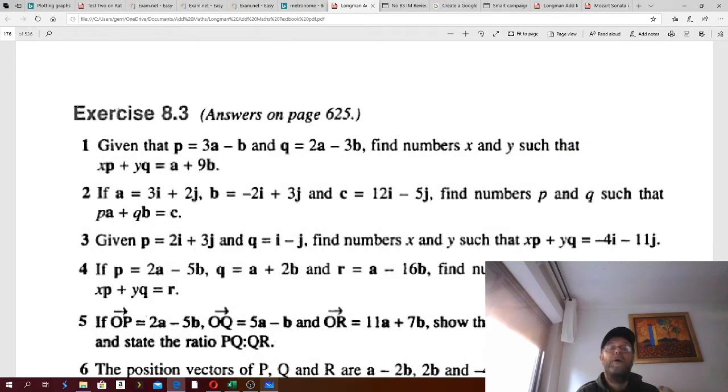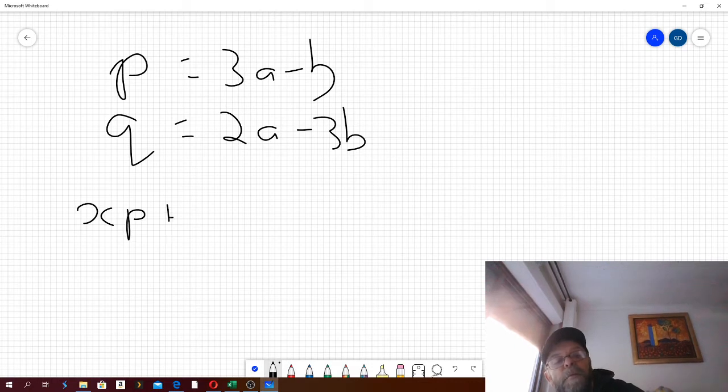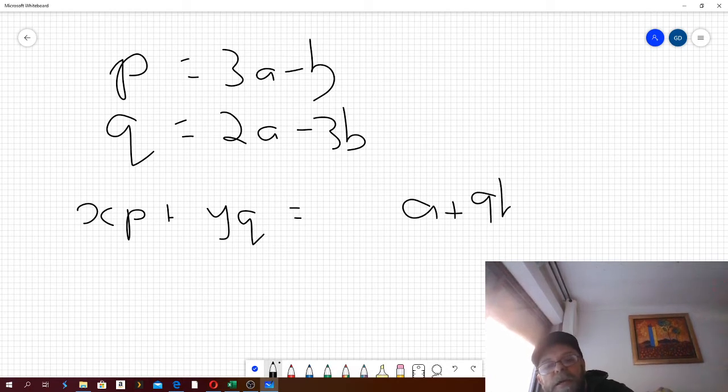They want us to find the numbers x and y such that x times the vector P plus y times the vector Q is equal to a plus 9b. So x times the vector P plus y times the vector Q must be equal to a plus 9b.